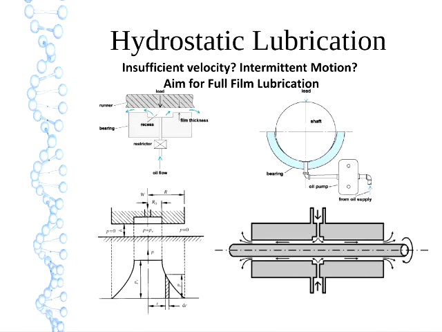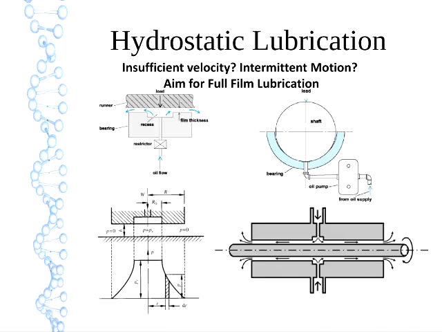And then the final, we've got hydrostatic lubrication. Here, the word itself again will give us a clue. Hydro, like hydrodynamic, you want to have full separation of the surfaces here. And static, it's not moving, as opposed to hydrodynamic.